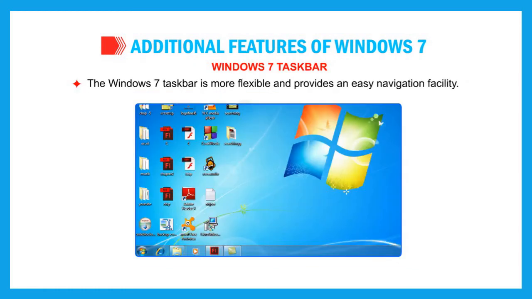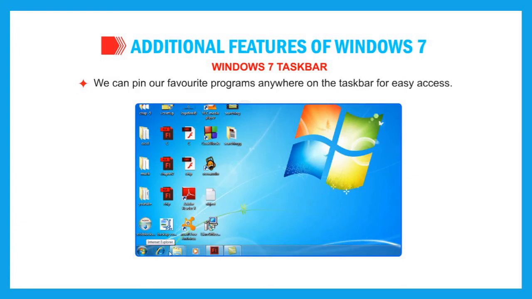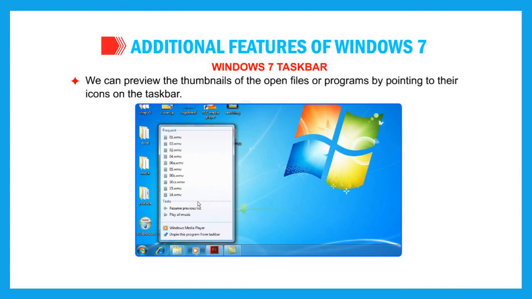Next is the Windows 7 Taskbar. The Windows 7 Taskbar is more flexible and provides an easy navigation facility. We can pin our favorite programs anywhere on the taskbar for easy access. We can preview thumbnails of the open files or programs by pointing to the icons on the taskbar.